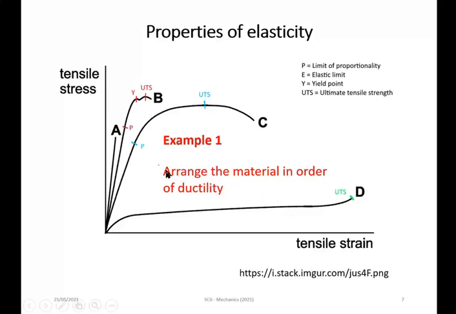A material is said to be ductile if it has a long stretch before it breaks. Then D is going to be more ductile and A is going to be the least ductile. A is going to be the least ductile and D is going to be the most ductile material amongst the three. Arrange B and C for yourself.